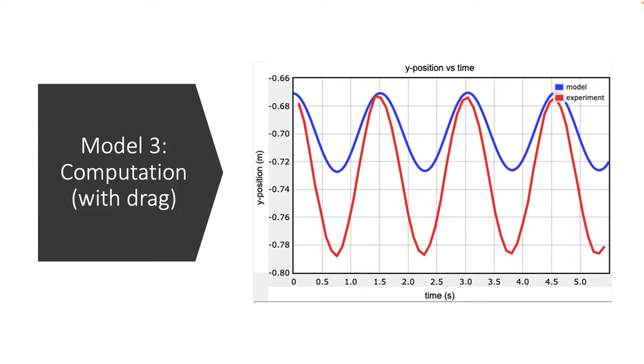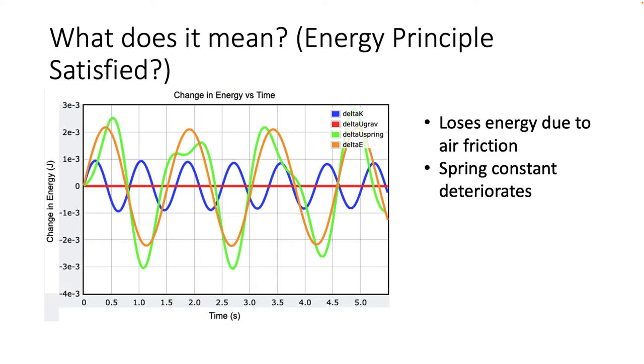Meanwhile, here in our position time graph for y, we can see a little bit more difference, but that is because of the deterioration of the spring stiffness, and it just being an imperfect spring system.